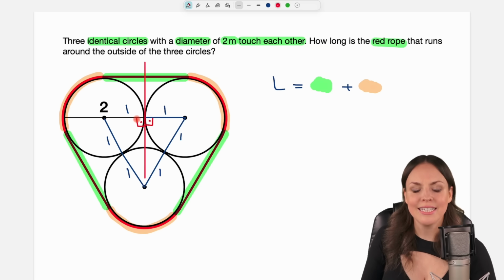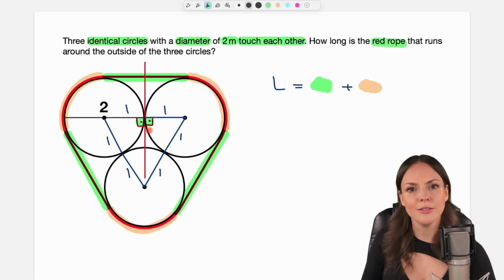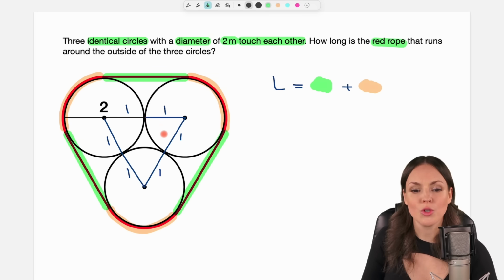And if I have a 90-degree angle here and here, that gives me a 180-degree angle here in between, so this is a straight line. Okay, so now we know that this is a straight line. Same explanation, this is a straight line, and this is a straight line as well, so this is a triangle.